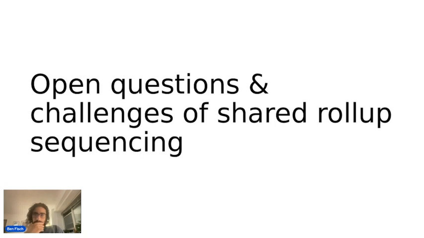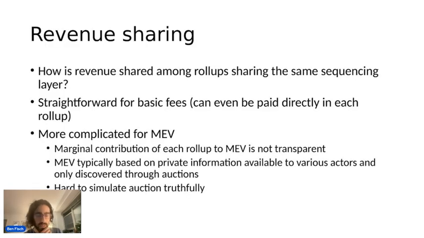So finally, I want to conclude with some open questions and challenges of shared rollup sequencing. One challenge that arises is around revenue sharing. So how is revenue shared among rollups that share the same sequencing layer? It's very straightforward for basic fees.